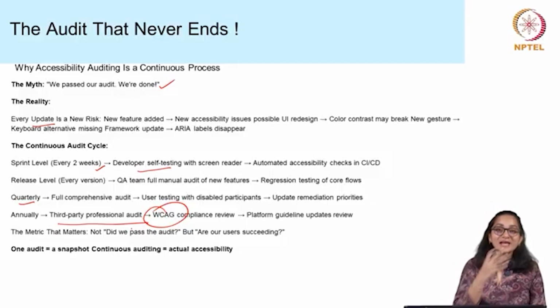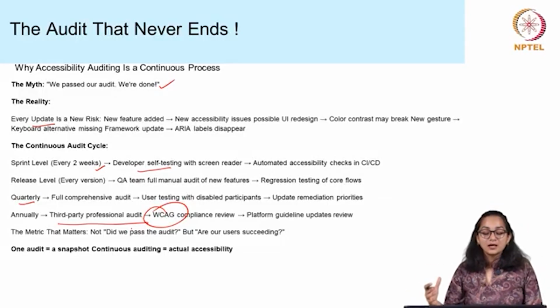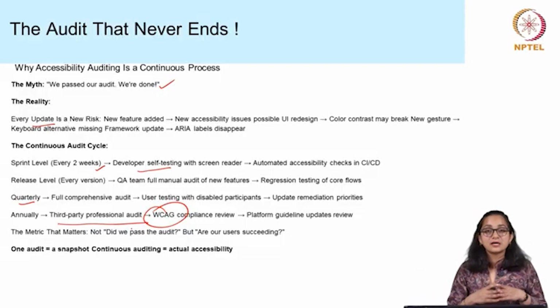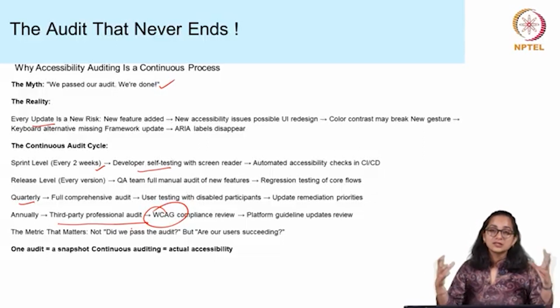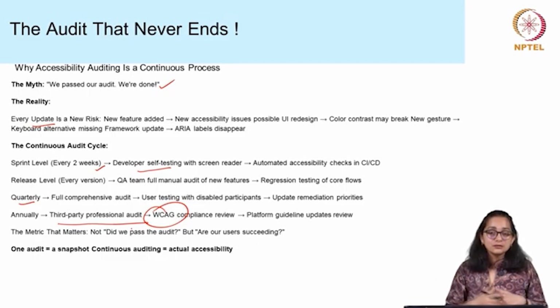Having an annual third-party professional audit can help not just with compliance against legal issues, but it also gives an external perspective on your accessibility issues as well.